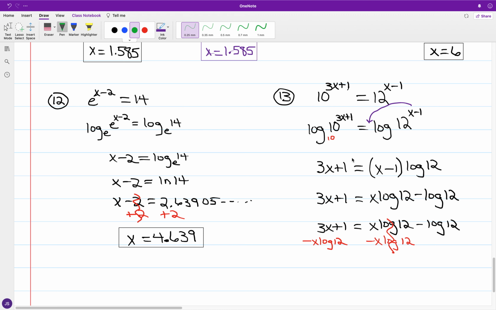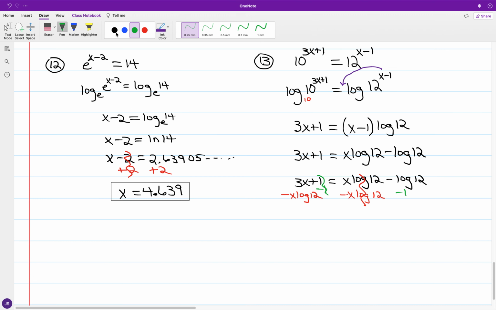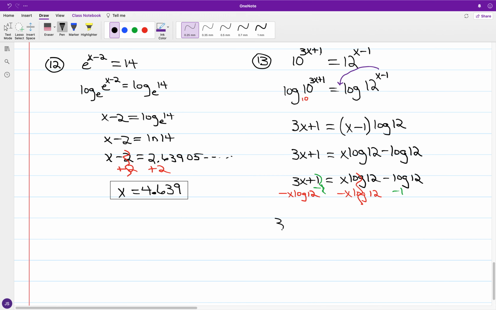And moving the 1 over, I can subtract 1 from the negative of the base 10 logarithm of 12. So in this situation, we've got 3x minus x times the base 10 logarithm of 12 is equal to the negative of the base 10 logarithm of 12 minus 1. Again, solving for x, for this difference we can factor out x.